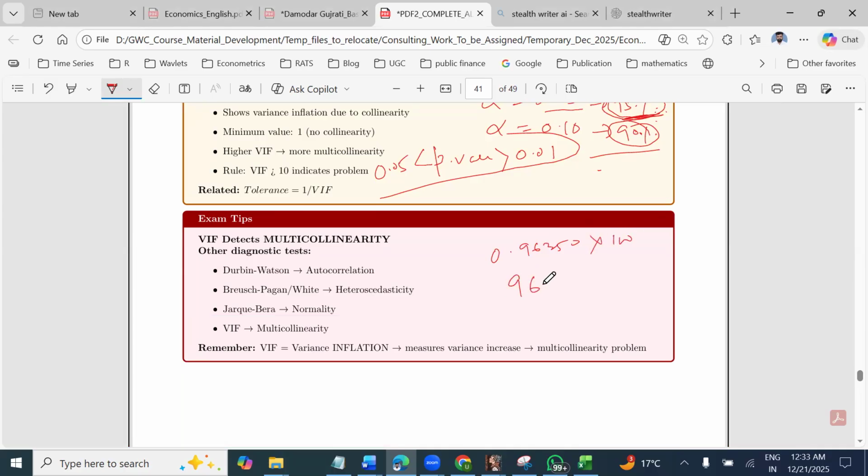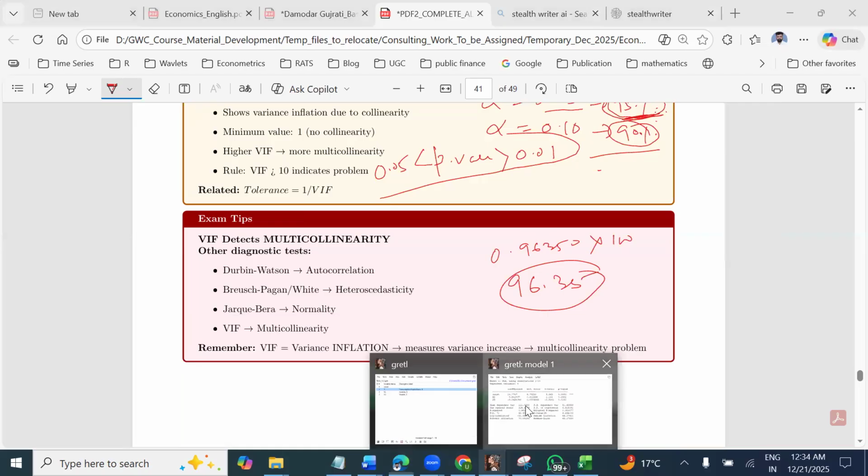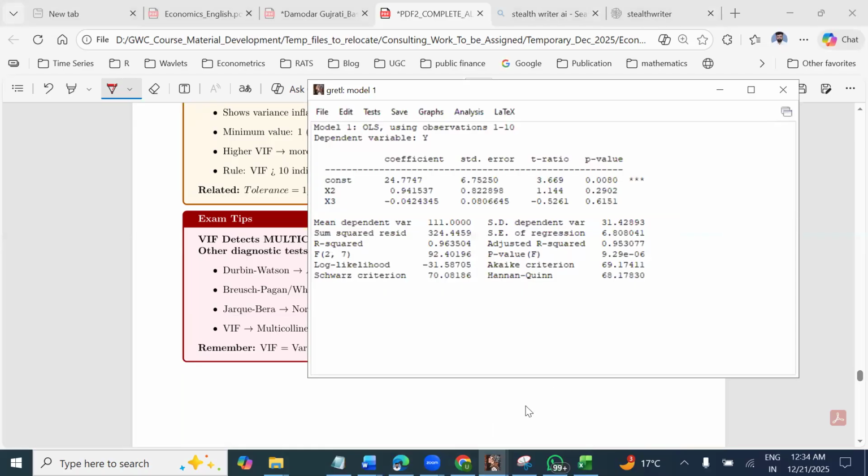So you got 96.35. It means your regression model is able to explain 96.35% variation in the dependent variable y.